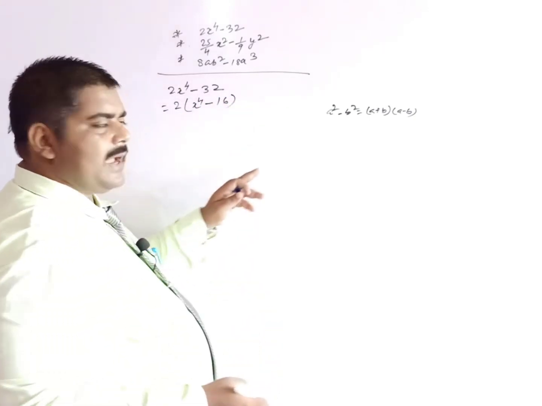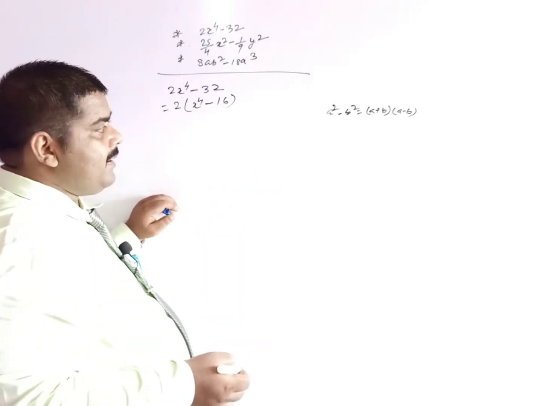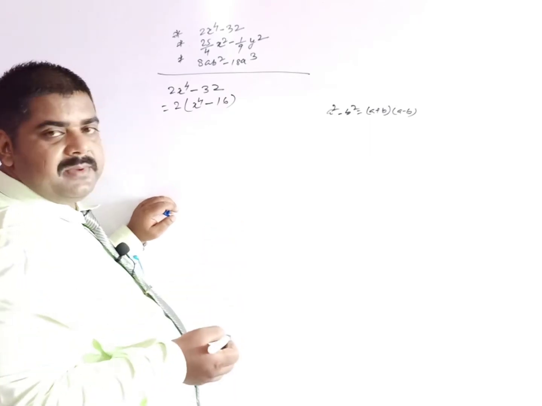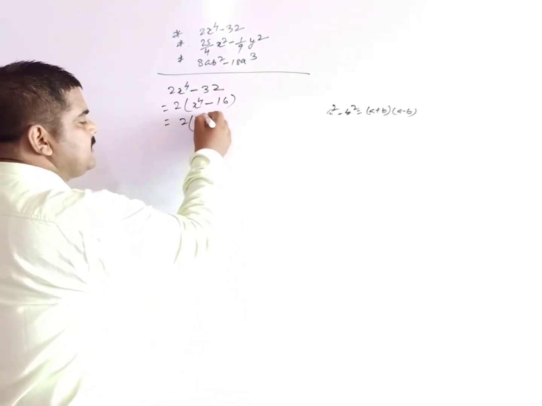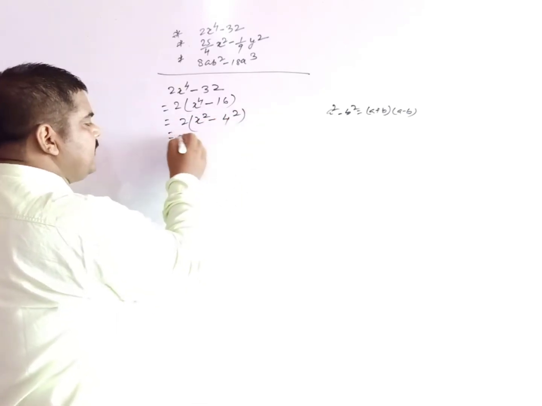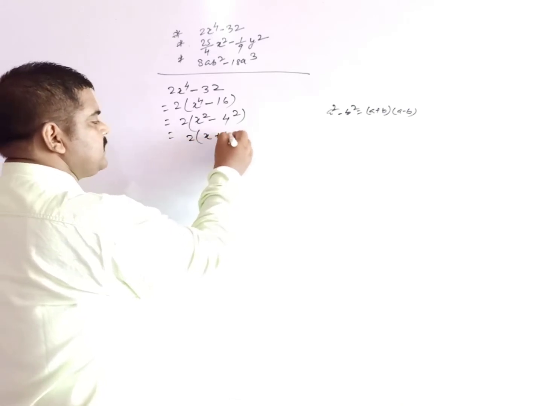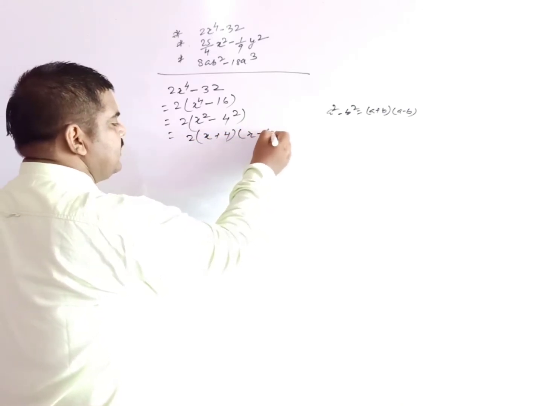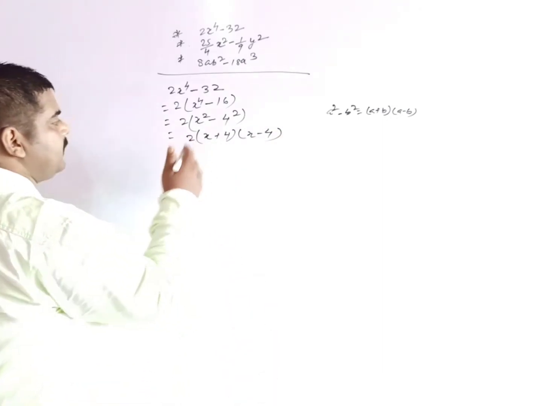And now you try to convert it into the algebraic identity a square minus b square. And how can you convert it? x square minus 16 can be written as 4 square. So it can easily be written as 2 into x plus 4 into x minus 4. That will be the final solution of the first one.